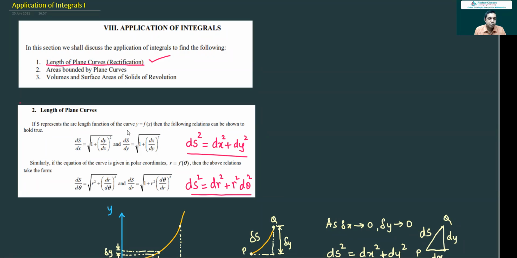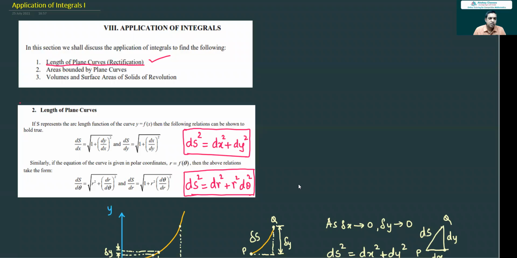And this is also called rectification. So these two equations, as we said, these are the most important. If we know this, after that we can solve any problem. This is in Cartesian form, this is in polar form.